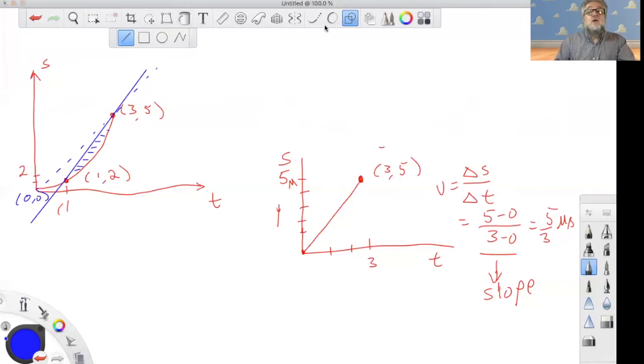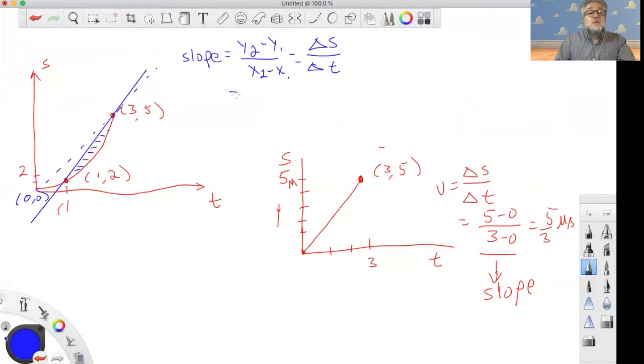So I could go and calculate the slope now of that line, and it would be, let's see, slope is y2 minus y1 over x2 minus x1, or it's change in displacement over change in time. So we'll plug it in. Final initial.